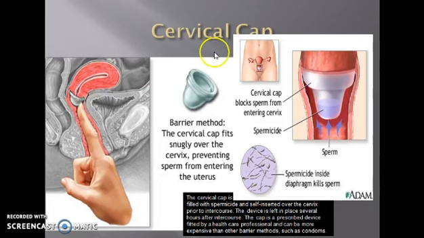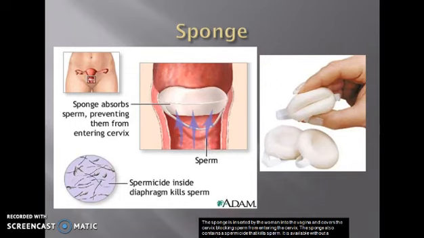But before you use it, you have to put spermicide to it so that it will prevent the sperm from entering into the vagina, to the uterus. And the spermicide will definitely kill the sperm as they enter.